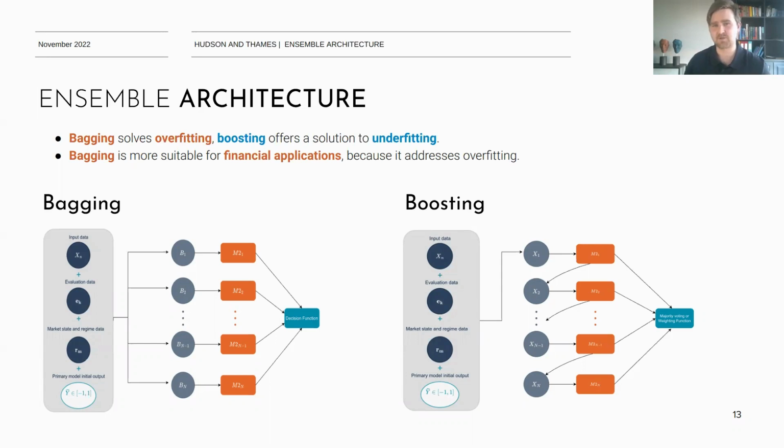Now, bagging solves the problem of overfitting, while boosting offers a solution to underfitting, and therefore one could argue that bagging is more suitable for financial applications because in general, the signal to noise ratio is very poor. We have quite a big concern with overfitting, and as bagging addresses it, it may be more suitable to financial applications. But yeah, I think Dennis, you implemented some of these, right?